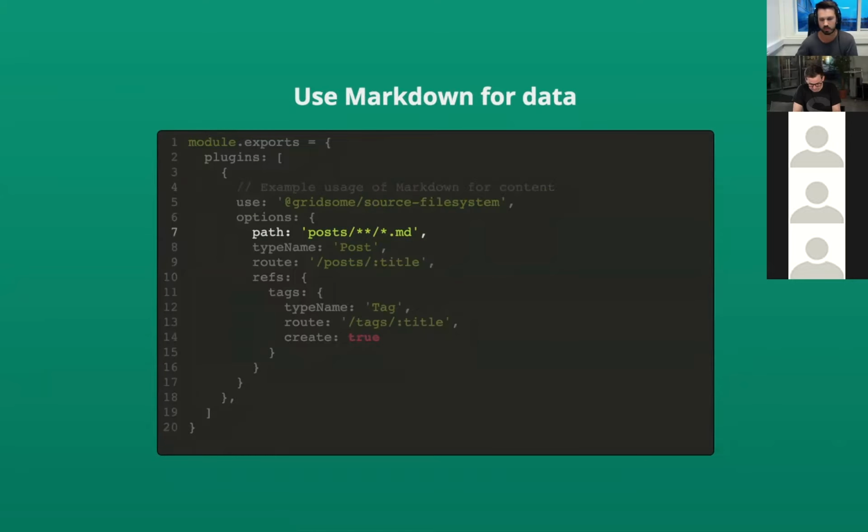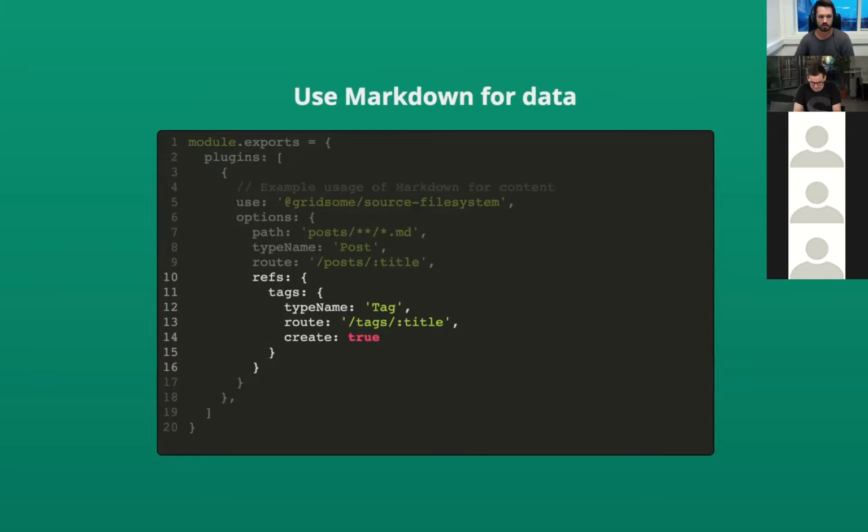You set the path where the files are located. Tell it the type name. The type name is the name it gets in the GraphQL schema. You set the route. So any front matter field is added to the route. You can use any front matter field in the route.